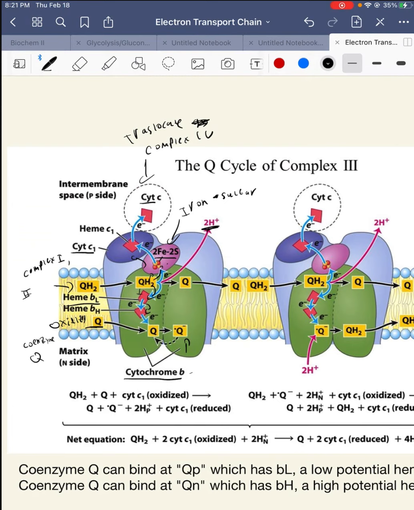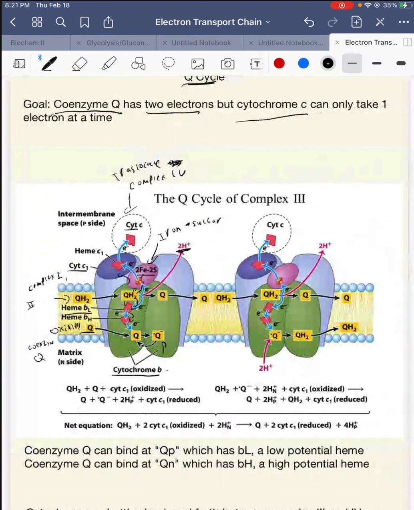So coenzyme Q can bind either at Qp when it's at heme Bl, or it can bind at Qn when it's at heme Bh, which is the low potential heme and the high potential heme respectively.